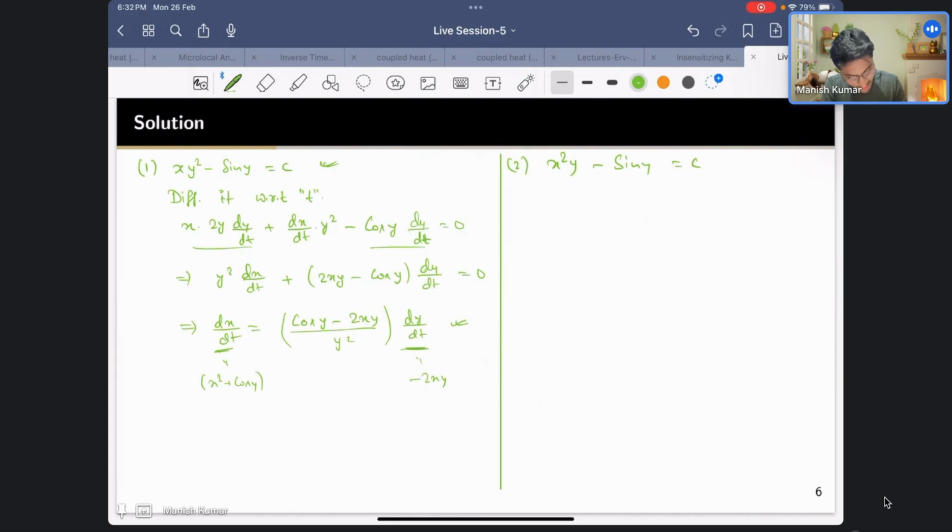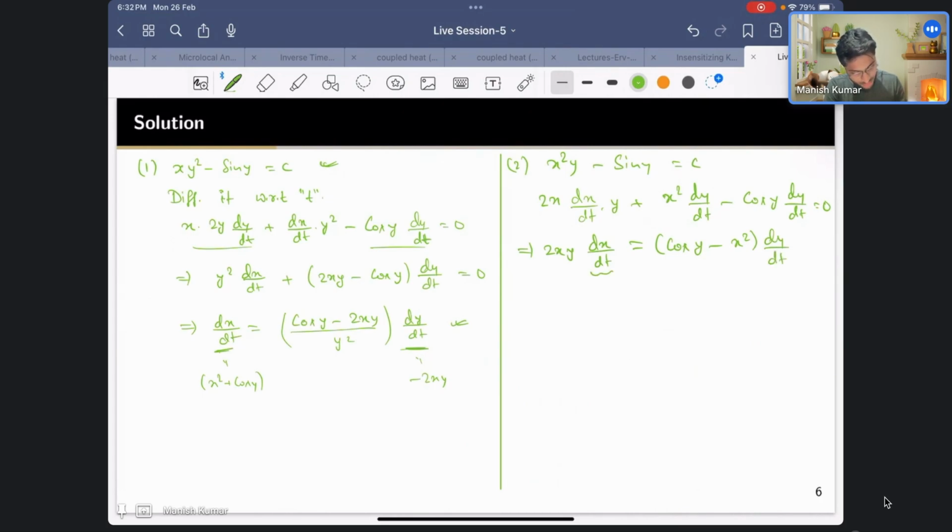If I differentiate it, I'll get 2x dx/dt into y plus x square dy/dt minus cos y dy/dt equal to 0. So from here what we can get is 2xy dx/dt is equal to cos y minus x square dy/dt.